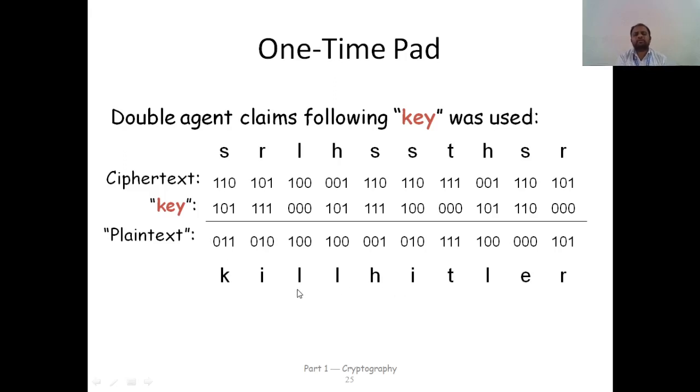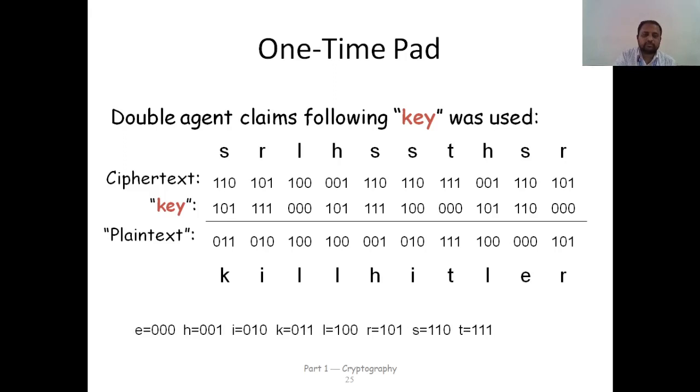Kill Hitler is a well-known English sentence. So he decides, yes, I got the original plain text. The agent decides that he got the original plain text, but actually it is not; the original plain text is Hail Hitler.